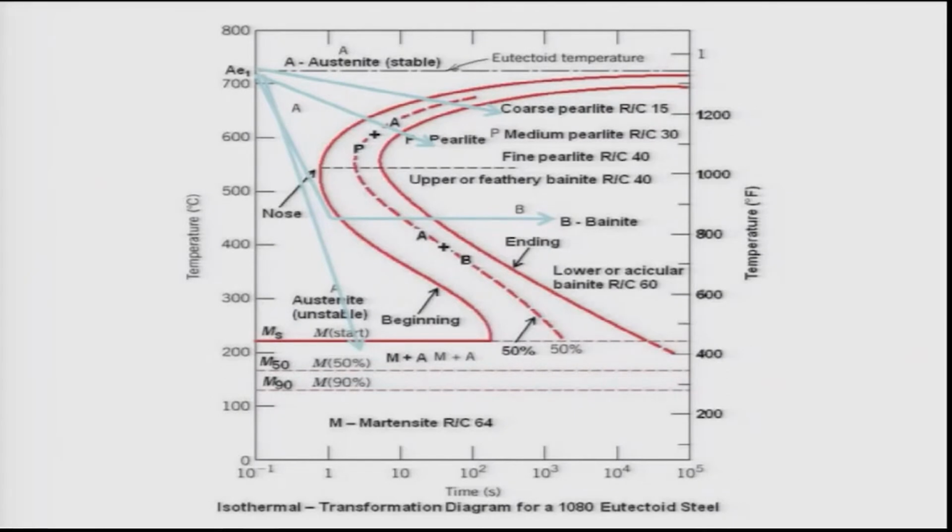Then if you cool it a little bit faster, as the second line you see here, pearlite will also form, but this will be fine pearlite. Why? Because you are cooling faster.